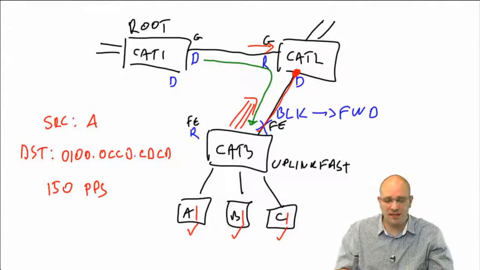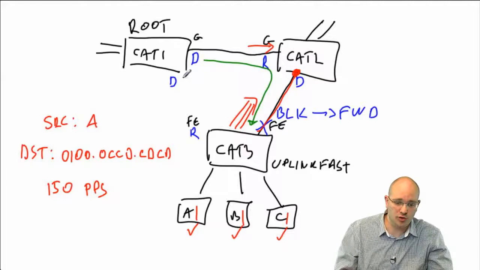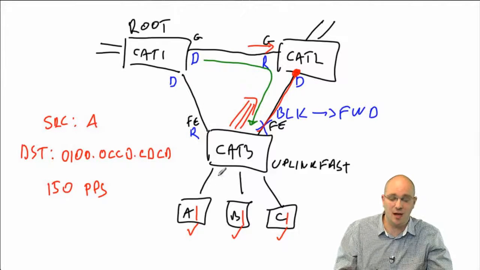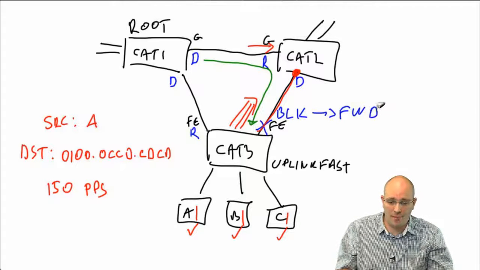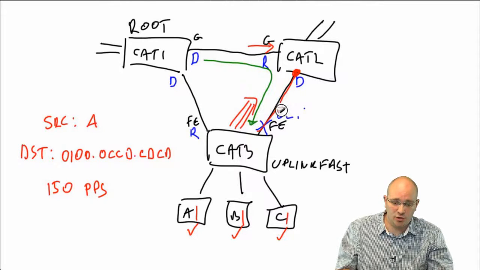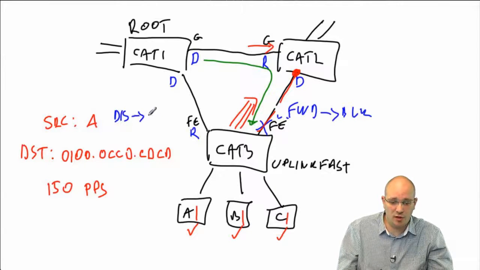When the link between Cat1 and Cat3 recovers, we're going to have a very similar operation happen. This interface is going to transition immediately from forwarding to blocking, and this interface is immediately going to transition from disabled to forwarding.